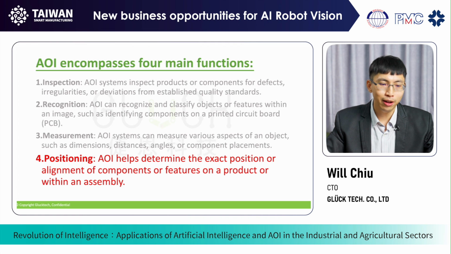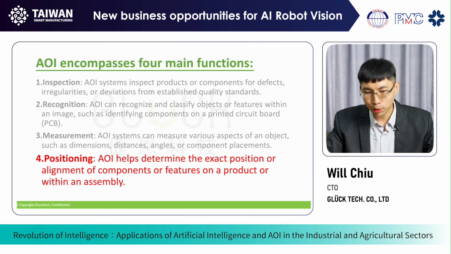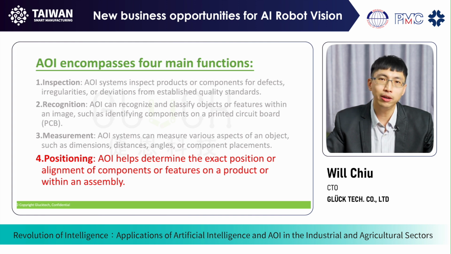Okay, it is the last function of the AOI. We call it positioning. Positioning, AOI helps determine the exact position for alignment of components or features on the product or within an assembly. This function aids in ensuring accurate assembly and quality control.